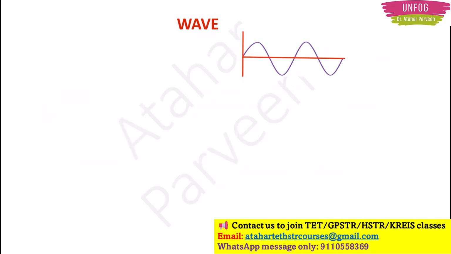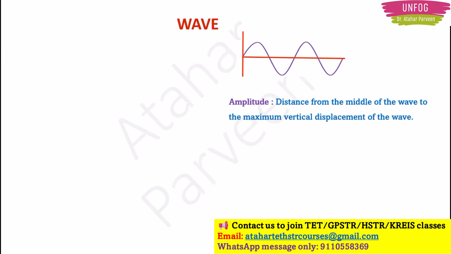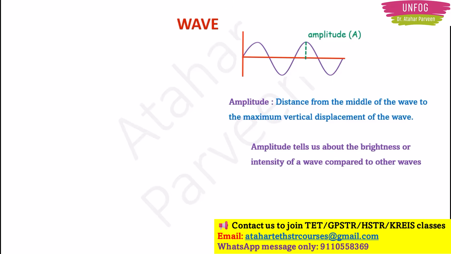Now consider a wave. In this wave, you have a certain distance on the x-axis, right, and a certain distance on the y-axis. Now, this distance from the middle of this wave, that is from the x-axis to the maximum vertical displacement on the y-axis, is known as amplitude. You can see here, this is known as amplitude. This amplitude is also very important when you talk about a wave, because it will tell you about the brightness or intensity of a wave when you compare it to other waves.